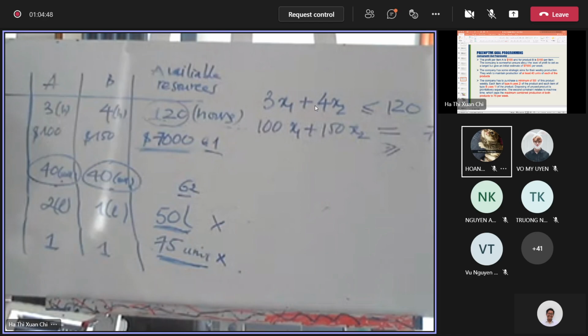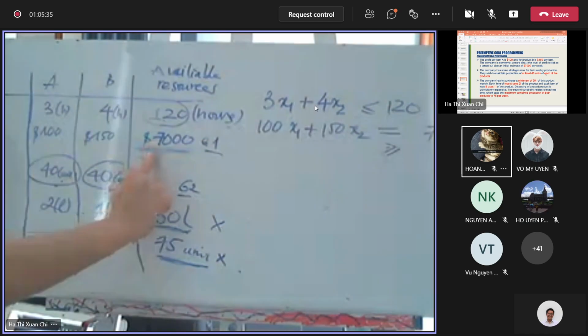Yeah, that is correct. Thank you. So everyone, for profit, you always want more, right? Cost is you try to minimize, but for profits, we just estimate that, but actually it's more than 7,000.